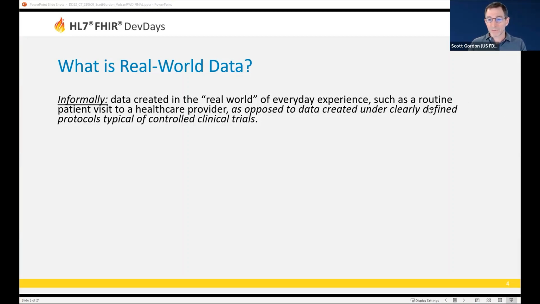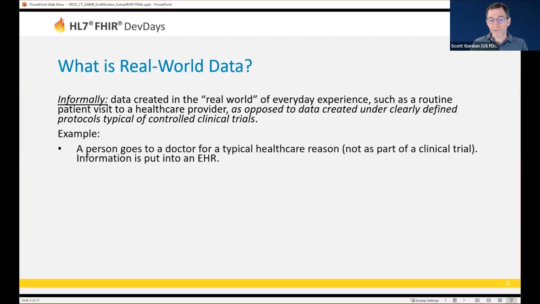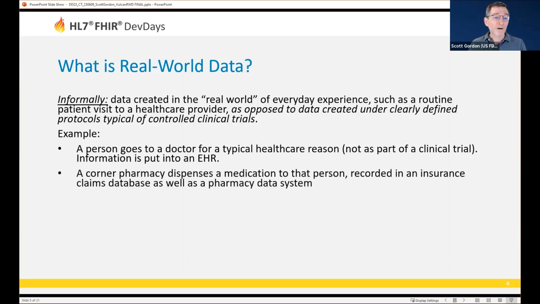A huge amount of this comes from the healthcare domain. So visits to a healthcare provider. For instance, a person goes to a doctor for any reason, not as part of the clinical trial, and information is put into an EHR.